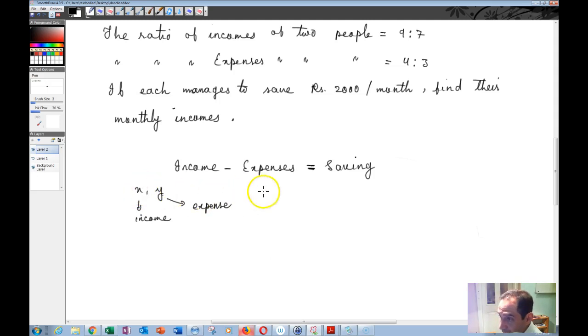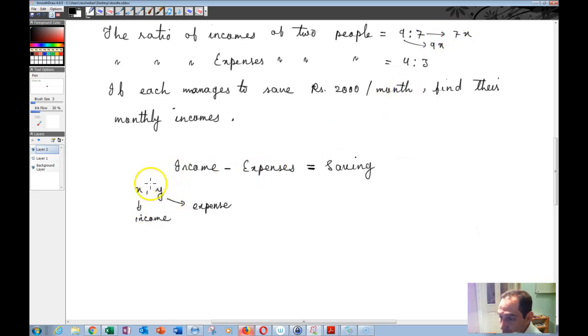So the income of the first person, you can express as 9x. If I express the income of the first person as 9x, the income of the second person is going to be 7x.